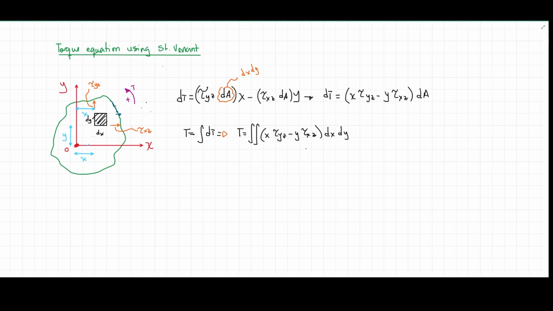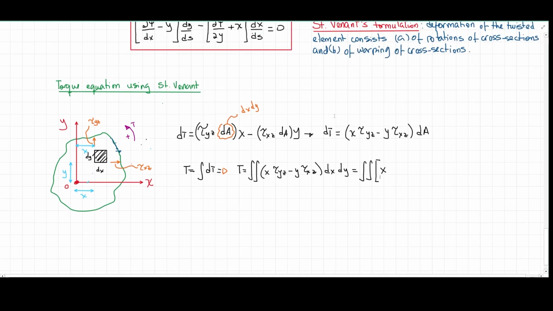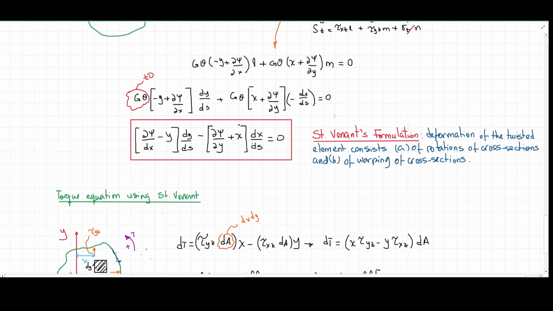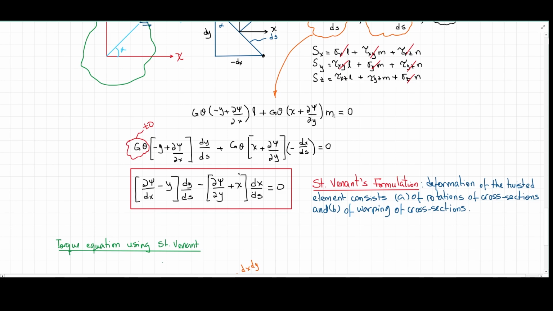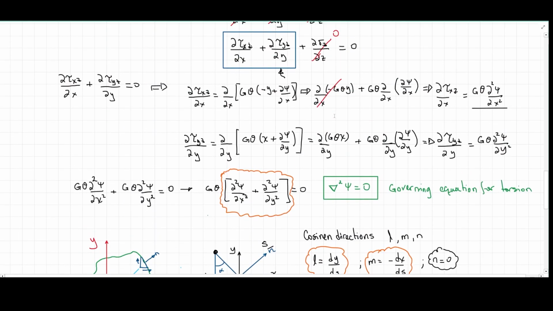But I know the values of those tau yz and tau xz, so I can write it down. That's going to be the double integral of something. The first something is going to be x times tau yz. Where is it? Here it is.